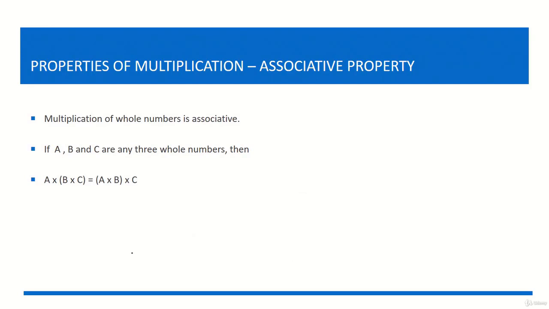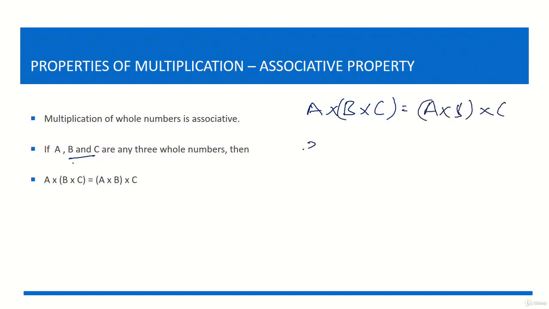Associative property. Let us check. Let us consider there are three numbers a, b, c. Then we write like this: a into b into c is equal to a into b into c, grouped either way.